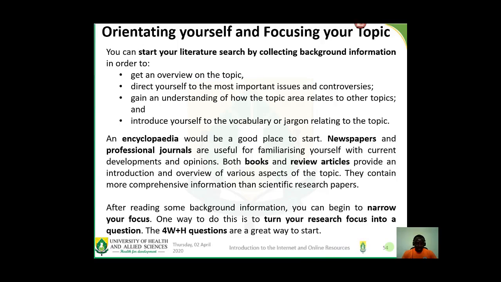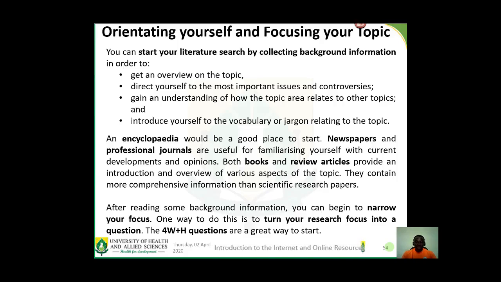And so when you are also trying to search the literature, you try and open your mind to various sources of information on your particular subject. It is therefore very important to start with tertiary sources where issues are quite abstract, where you get definitions and get to understand some of the general theories around the particular issue that you want to investigate.